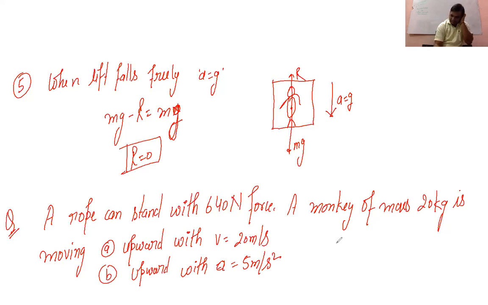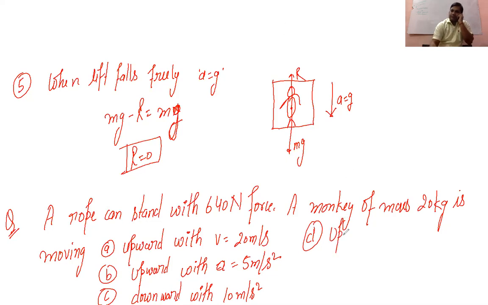C is moving downward with 10 meter per second square, and D is moving upward with 30 meter per second square acceleration.